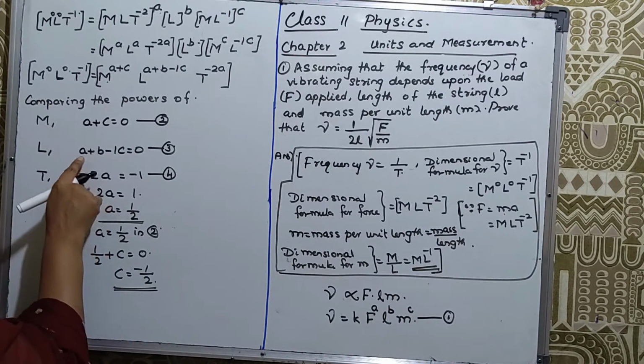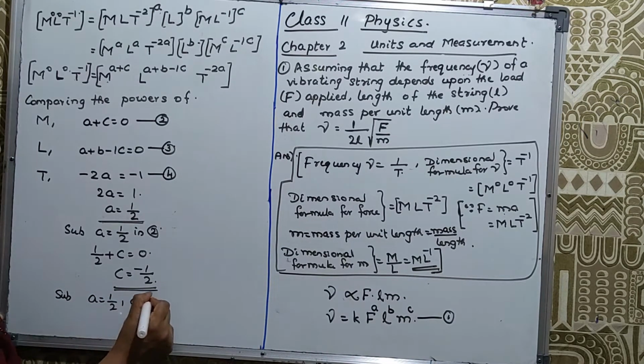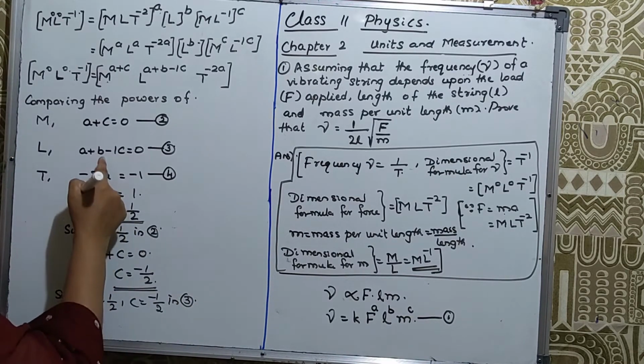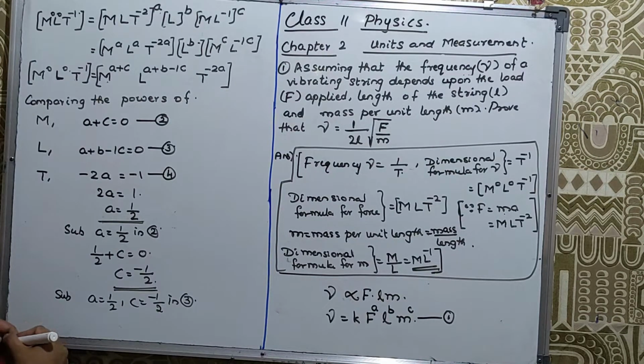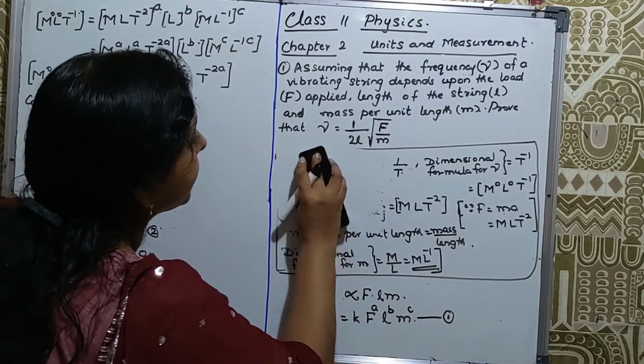Now after getting the value of a and c, I am writing substitute a equal to half and c equal to minus half in equation number 3, because we want to find out the unknown quantity b.